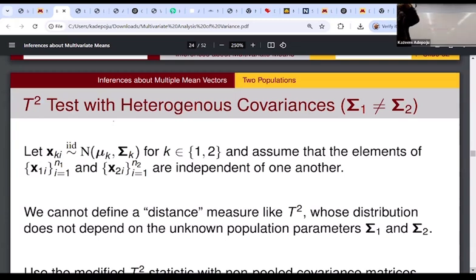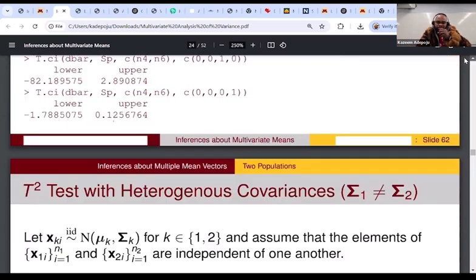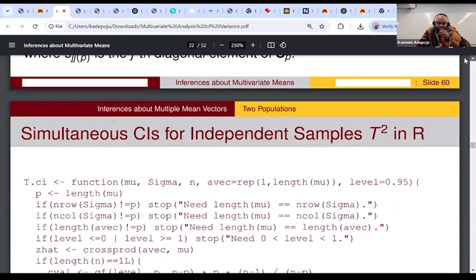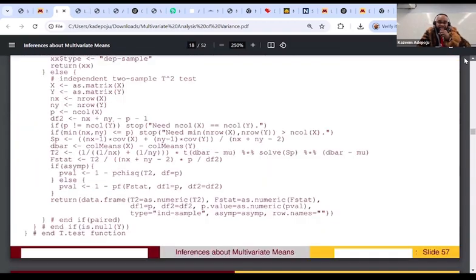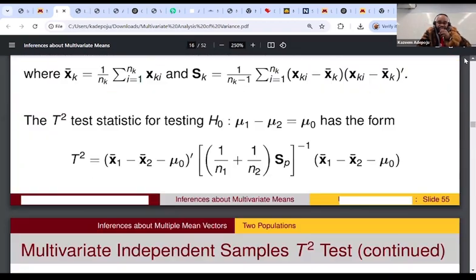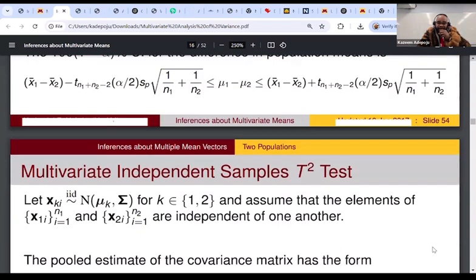How do we show that the covariance of this group is the same as the covariance structure of the other group? Because it is only when the covariance structures of the two groups are the same that you can actually construct a confidence interval and test hypotheses using what I have here.